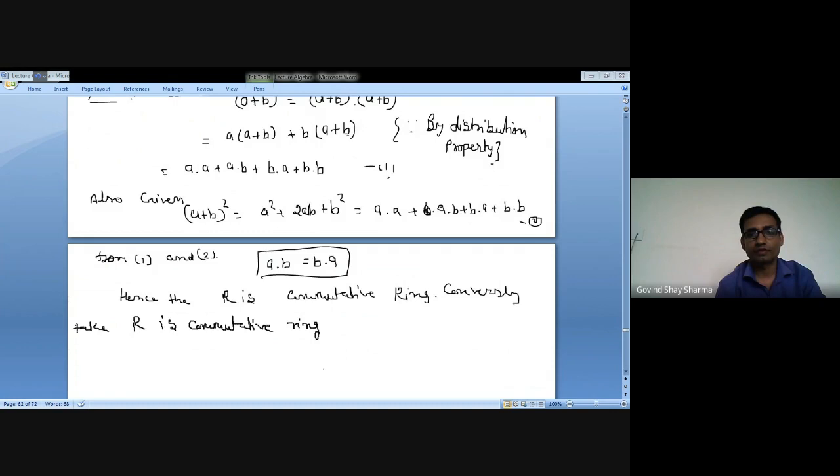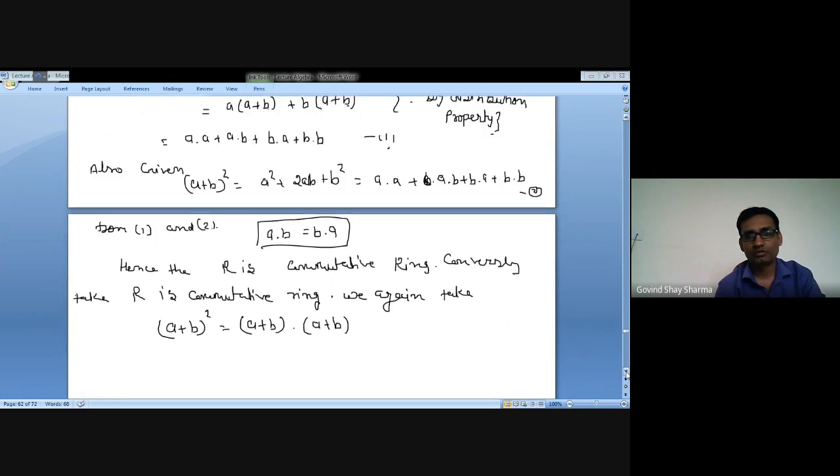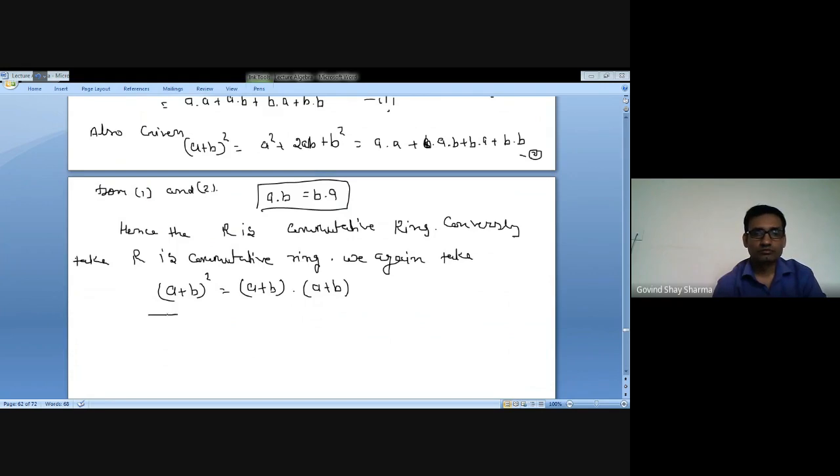So for that we again take whole square is equal to (a plus b) dot (a plus b).